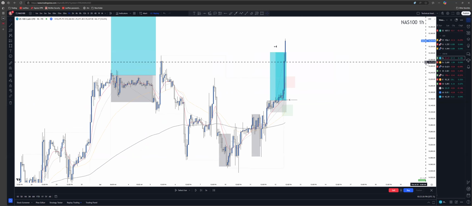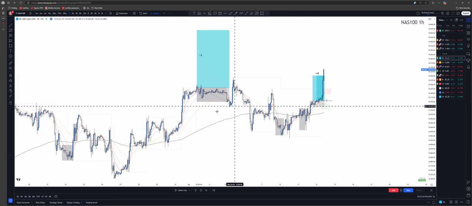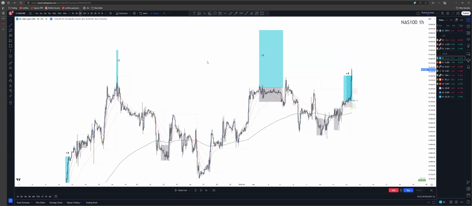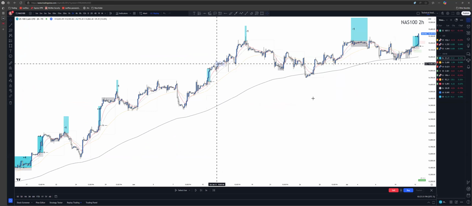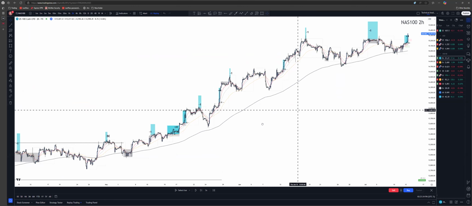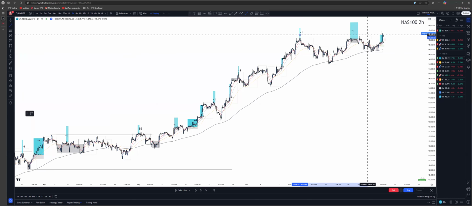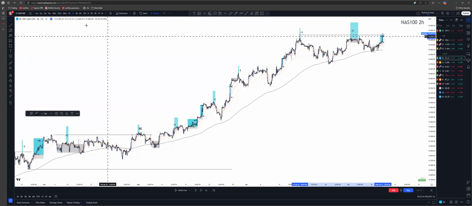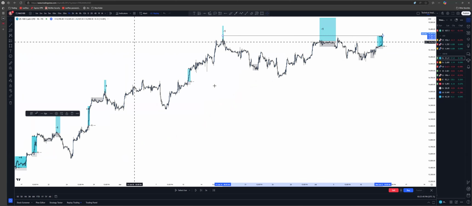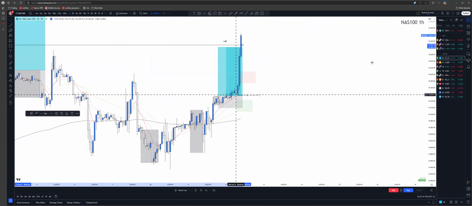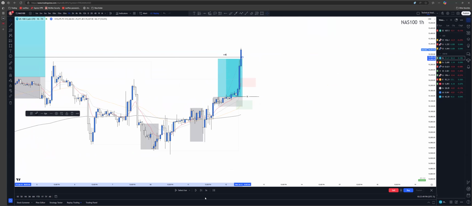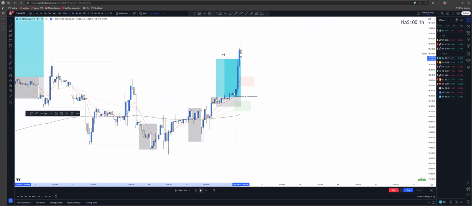And we can look for another entry model, right? Again, overall we're looking for this high to be cleared, and it was cleared, so we're looking to run on this high, so we can look for more entries within this area.